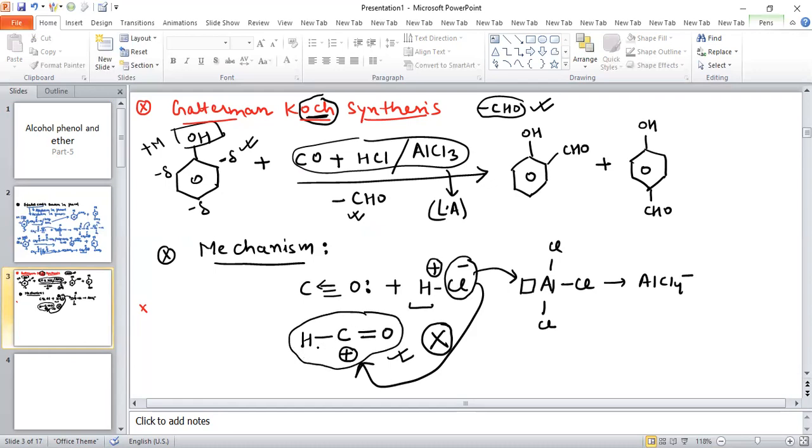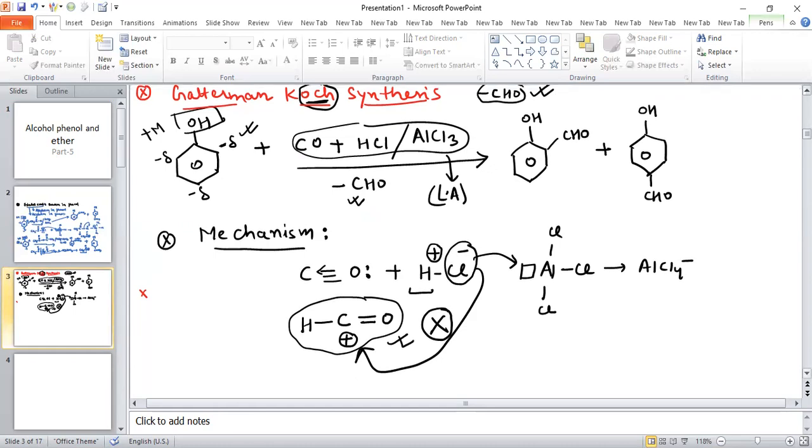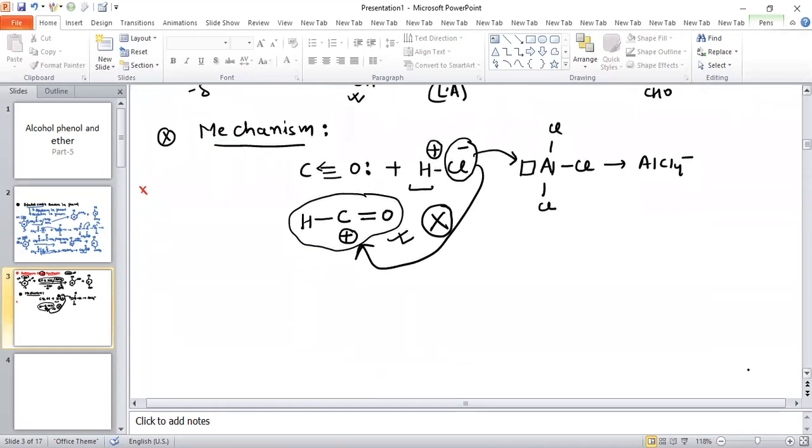Now this freely generated electrophile will attack the phenol. We know phenol is benzene having an OH group, and at the ortho and para positions electron density increases, partial negative. So at these positions electron density increases. We can easily say the electrophile, HC double bond with a positive charge, can attack at the ortho position and at the para position.